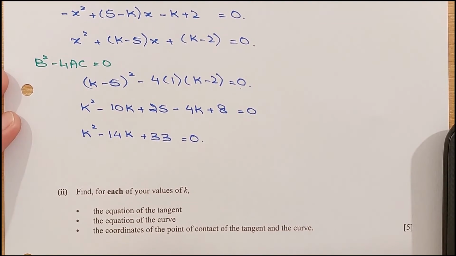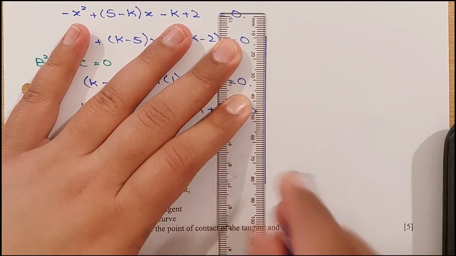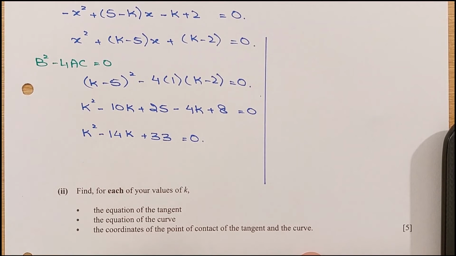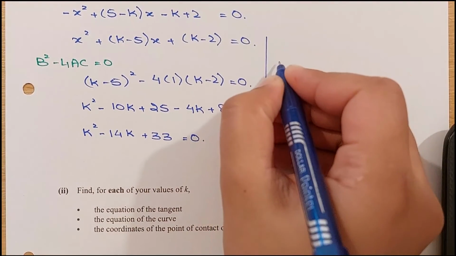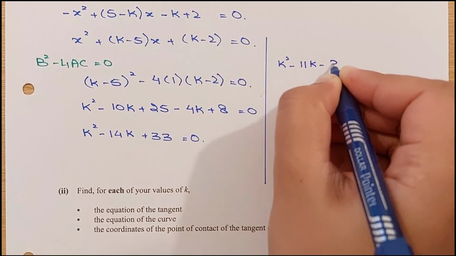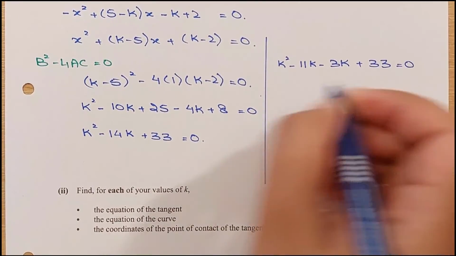We have to factorize it, so let me do the factorization over here. 1 times 33 is 33, and we can do 11 times 3, and minus 11 minus 3 is minus 14. Yes, so k squared minus 11k minus 3k plus 33 equals 0.